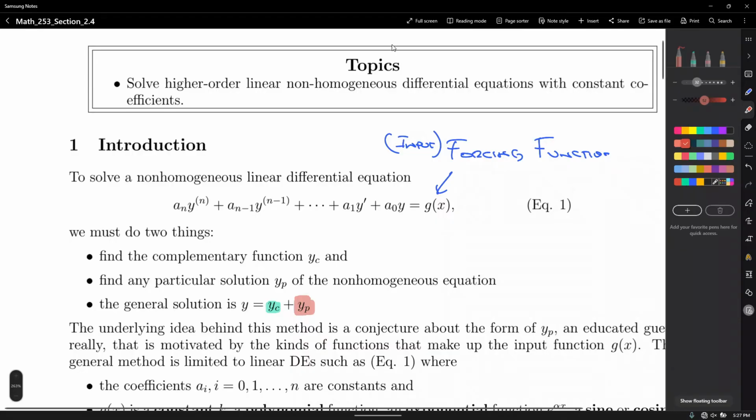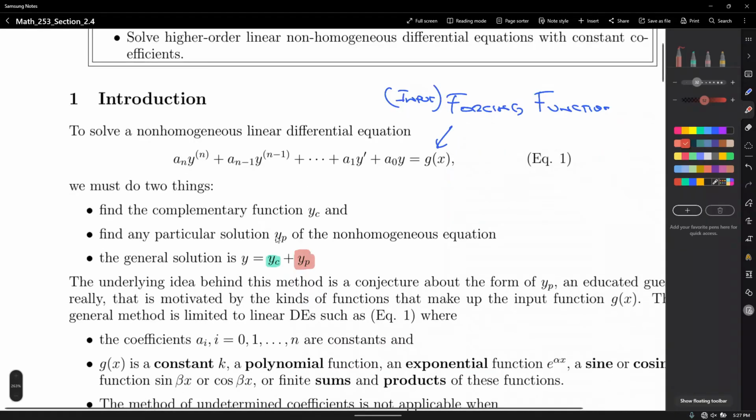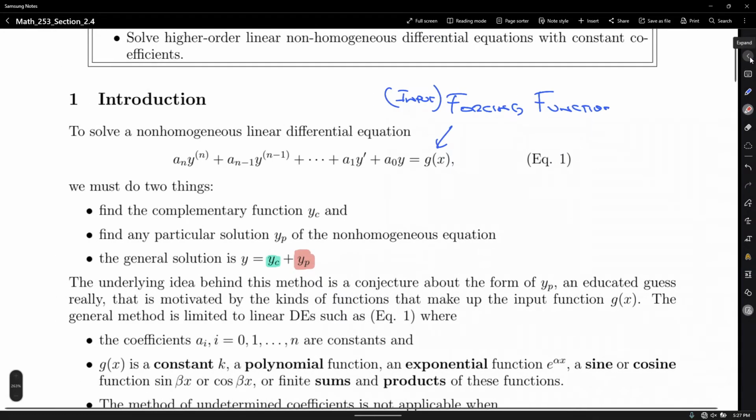Well, that particular solution will depend on what we have on the right-hand side of the differential equation. All right? So there's two parts: the complementary function, which is related to the homogeneous equation, and the particular solution, which depends on the non-homogeneous side of the equation. Okay, so to get the particular part, the y sub p, we need to make an educated guess.